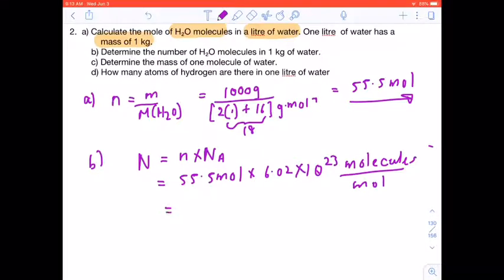And how much does that give us? It gives us 3.34 times 10 to the 25 molecules.